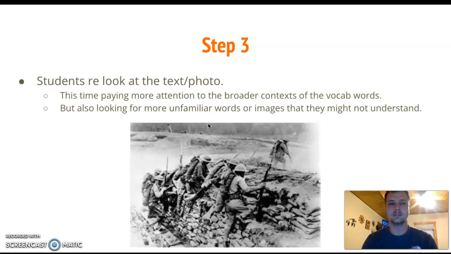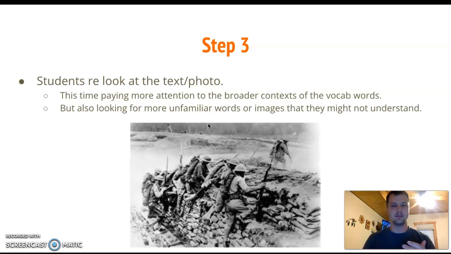Step 3 is for students to look at the text or photo, this time paying more attention to the broader context of the vocab words. So this time you have the students relook and see if they can match those words that they already know and have learned about, and find where they could find them in the image.